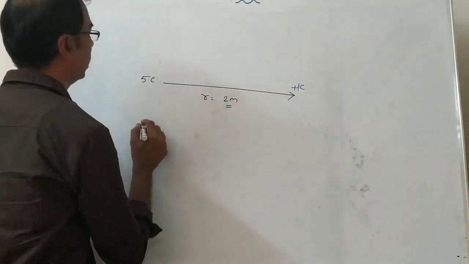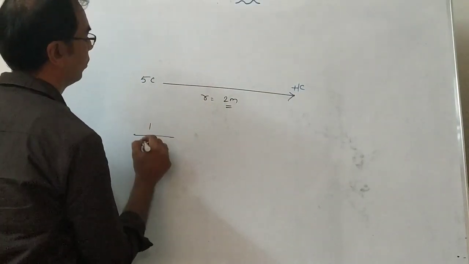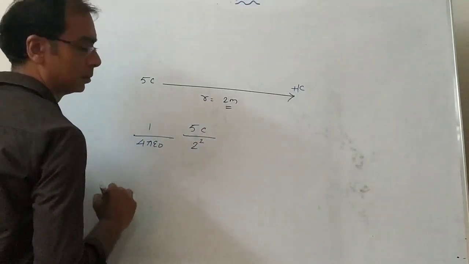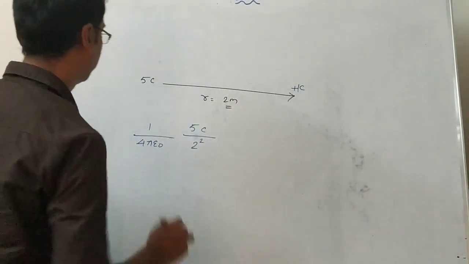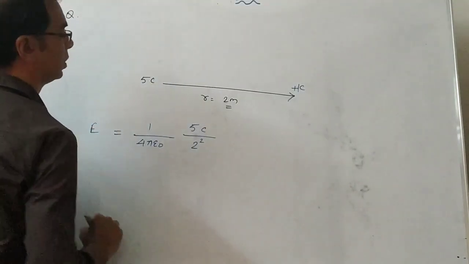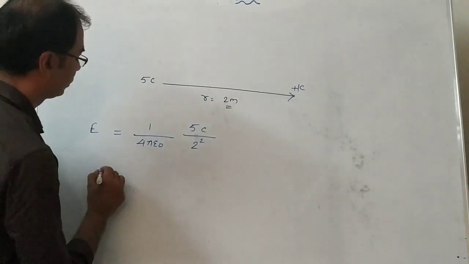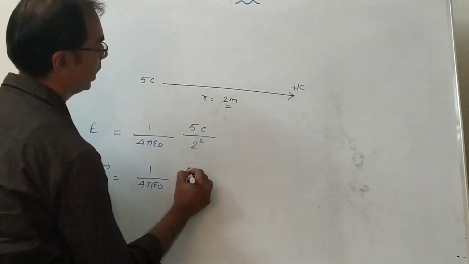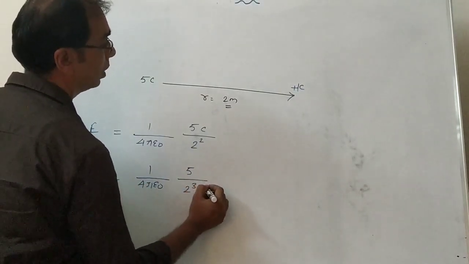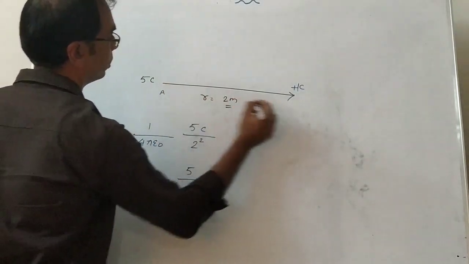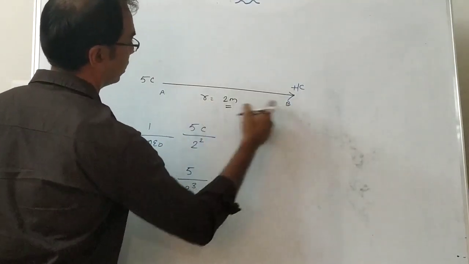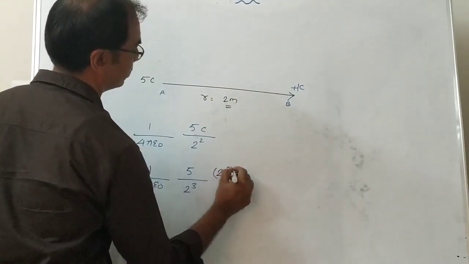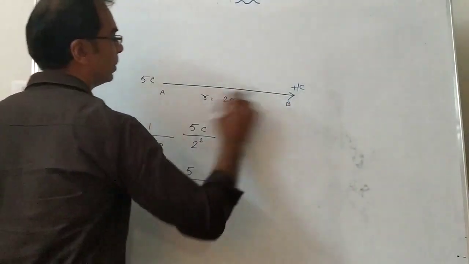Now let's find the magnitude first. 1 by 4 pi epsilon naught into 5 coulomb by 2 square. Correct? This is the magnitude of the electric field. Now if we are finding it vectorially, then E equals 1 by 4 pi epsilon naught into 5 by 2 cube, then we can write this vector as 2 i cap, in direction AB.